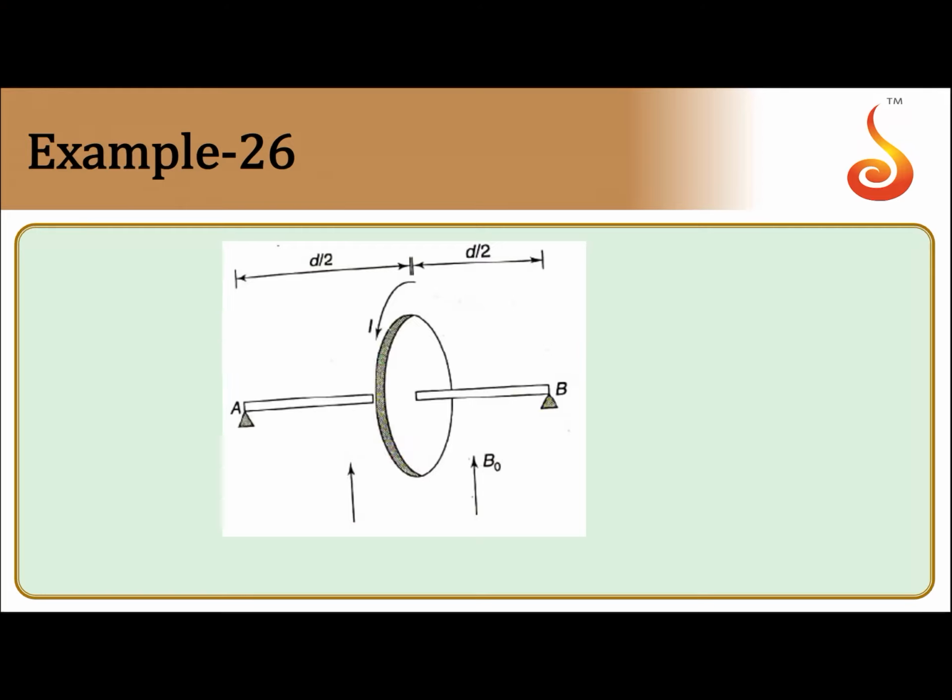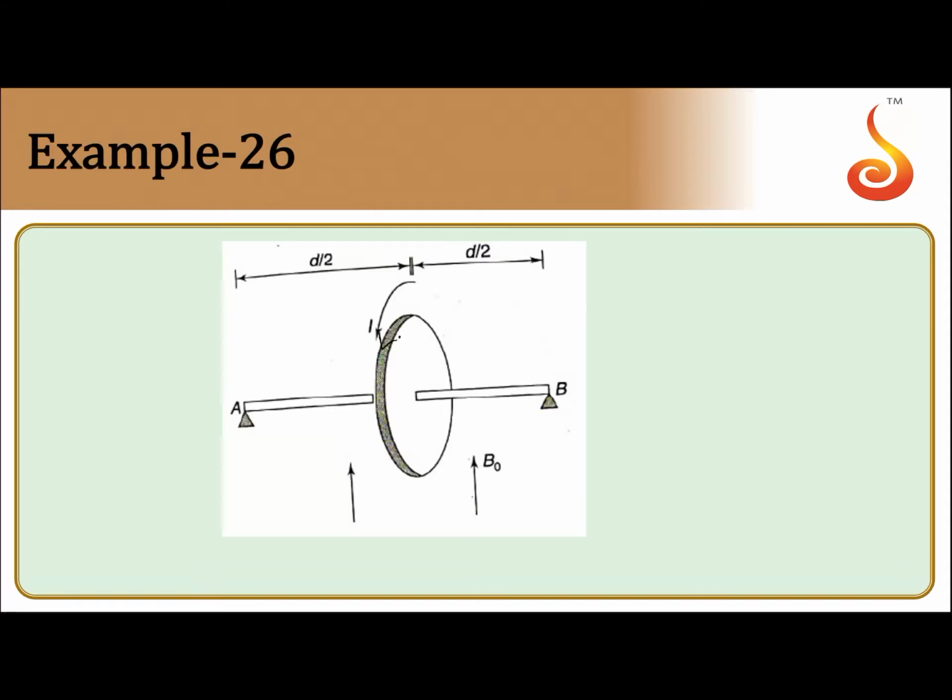So let us draw the free body diagram here itself. So here a current I is flowing in the wire wound.